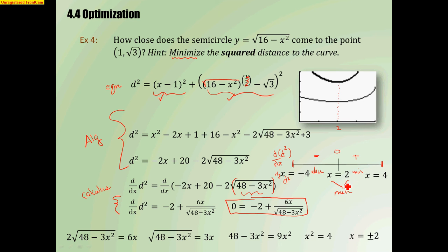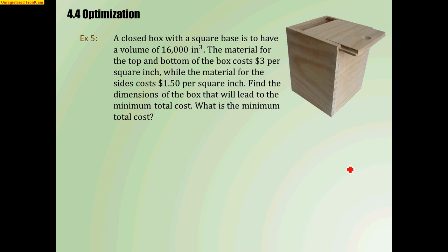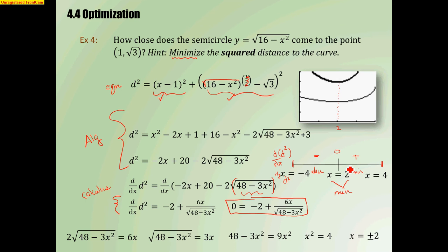So I just found the x. They wanted to know how close that semicircle comes. So I need to take 2 and take it to what equation? I want to find a distance. So where do I take this 2? Whoops, sorry. I take this 2, but I don't put it into the d squared equation, right? I put it into the distance.